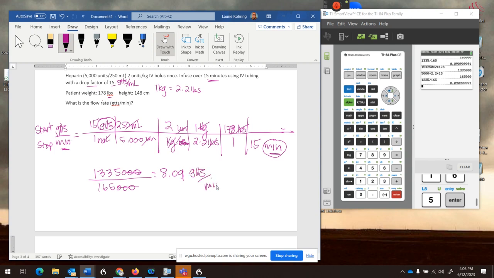And it is not feasible to do 0.09 of a drop, so we would need a whole number. And we would round to a whole number. So if we moved our tenths digit to a 1 based on this 9, we'd have 8.1, which would still mean that our whole number would be 8. So 8 drops per minute.